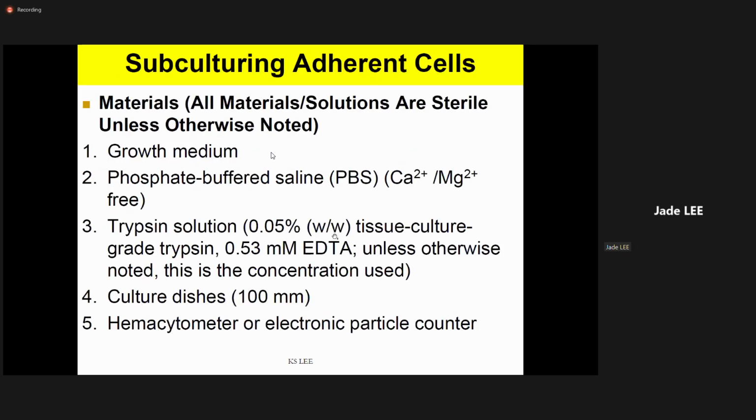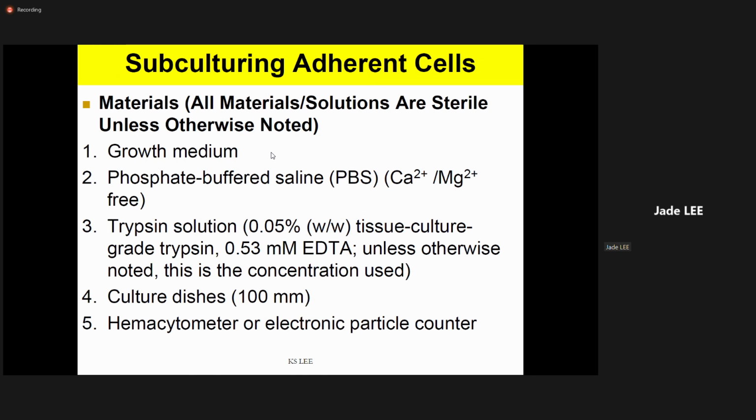So for example, when you culture adhesion cells, what you need basically is a growth medium, phosphate buffered saline, the PBS, which may be calcium or magnesium ion free. The role of the PBS is as a buffer solution or washing solution.